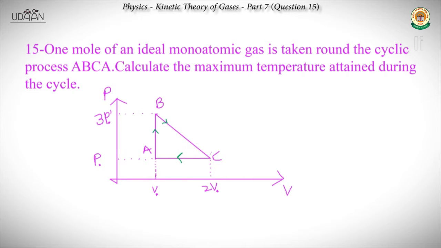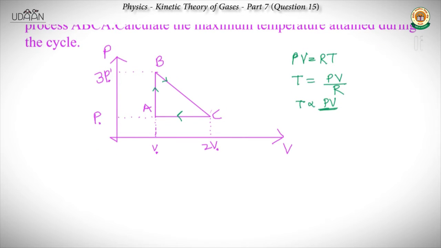So it is 1 mole, so we write PV equals RT and say temperature equals PV by R. Now let's just analyze at points, noting that T is directly proportional to PV, the product of pressure and volume.